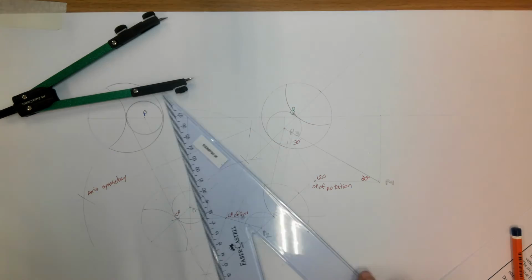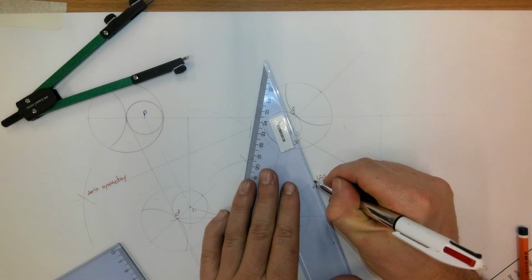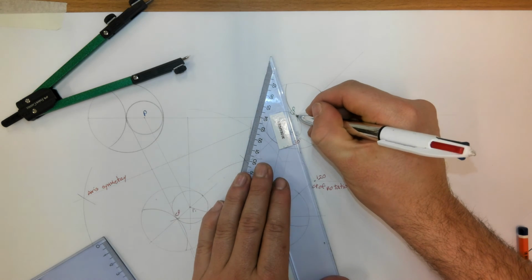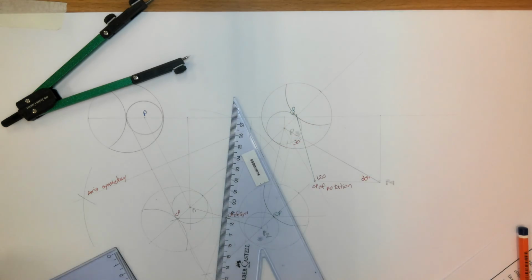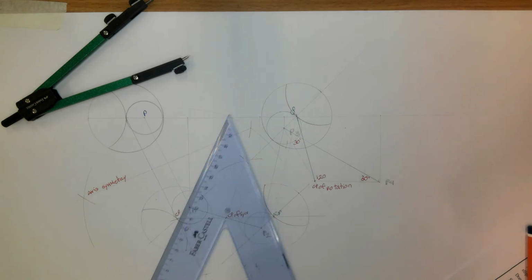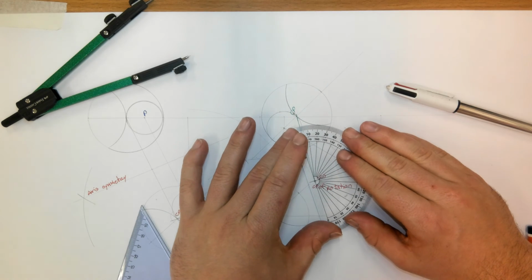Now, how do you get the center point? Well, I'm going to do this in a different color. So I'm going to join the center point to the center point of rotation. There we go. I'm going to mark an angle of 120 degrees to that green line. Has to be 120.